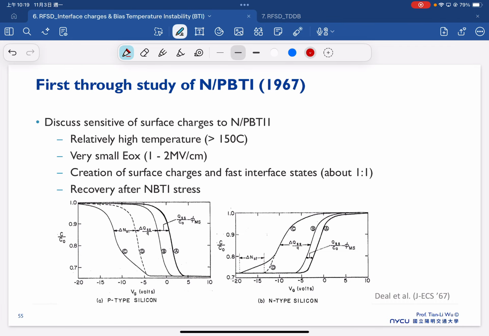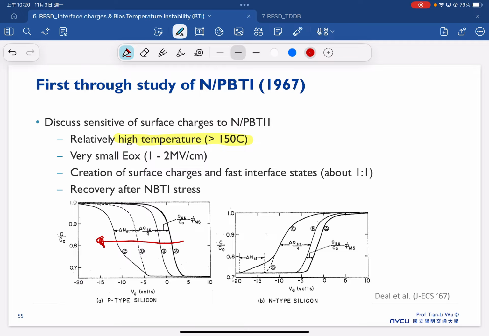And later, one year later, we tried to discover more and more about these issues. This is the first comprehensive study of NBTI and PBTI, from 1967. It discusses the sensitivity of the surface charge. At a relatively high temperature, beyond 150 Celsius degree, at a very small electric field, we can see in the bottom figure here a very obvious negative shift of the threshold voltage.